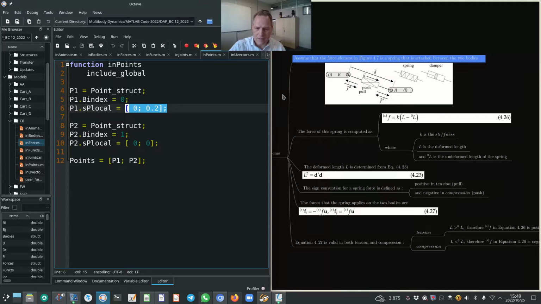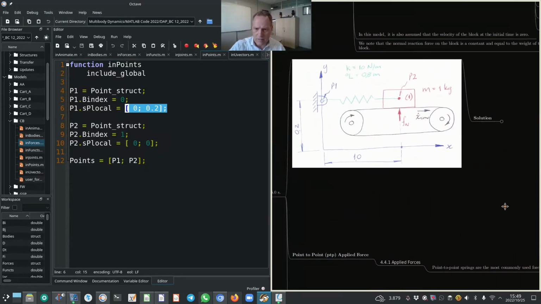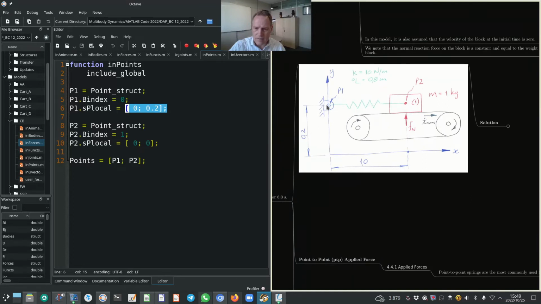Okay, so if I can just scroll away here for a little bit. So this is point P1, in other words. It is at the origin on the x-axis and at coordinate 0, 0.2. Then point P2 is on body 1, which is our block, and it is at local coordinates 0, 0.